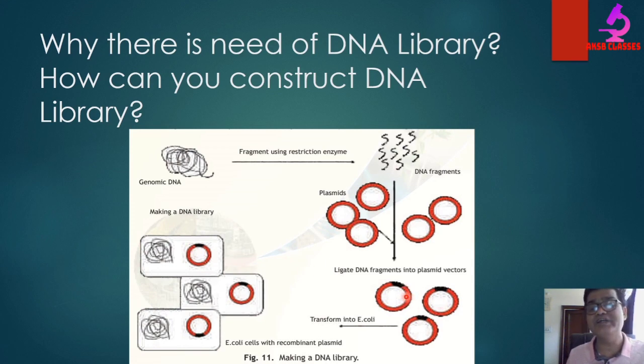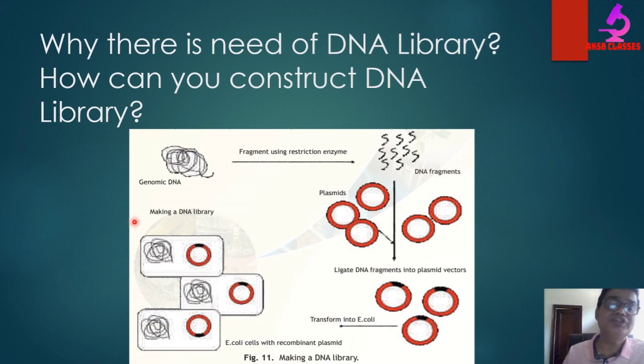Suppose in this diagram there are only 3 representations, but you have to show more. So you transfer this recombinant plasmid after ligation with DNA ligase inside the bacterial cell, and we culture that bacterial cell in a separate test tube or separate container. So we get a large copy of the particular DNA fragment. So this is the simplest diagram of a genomic DNA library.